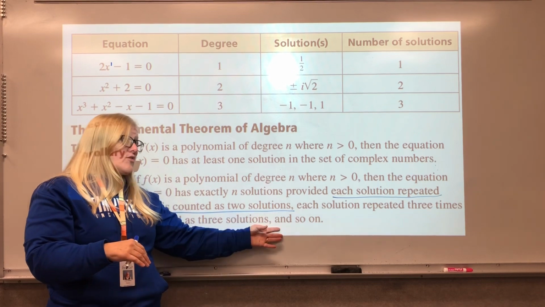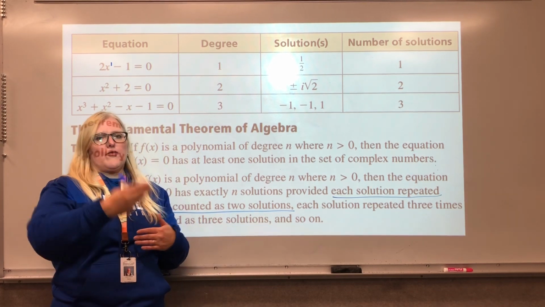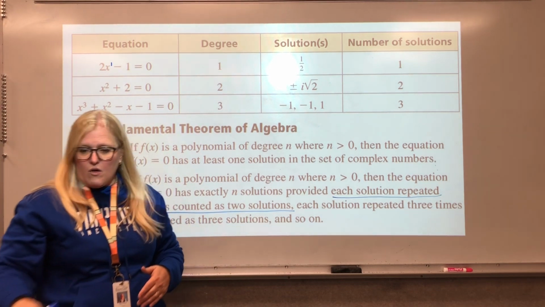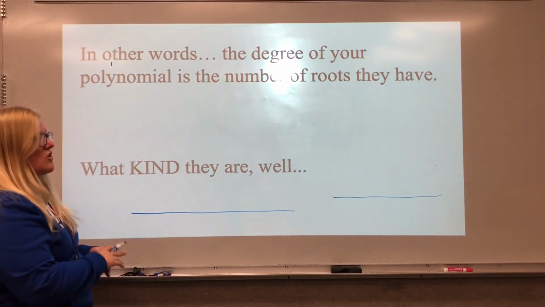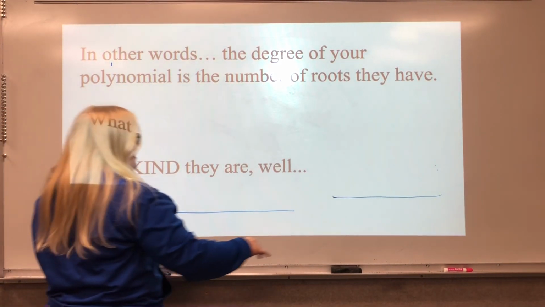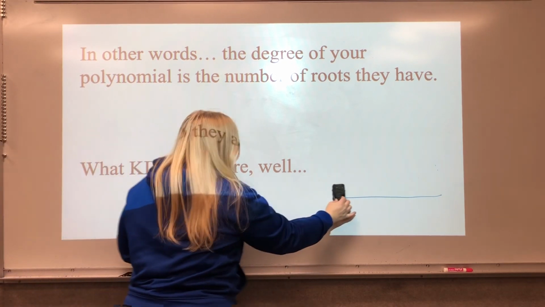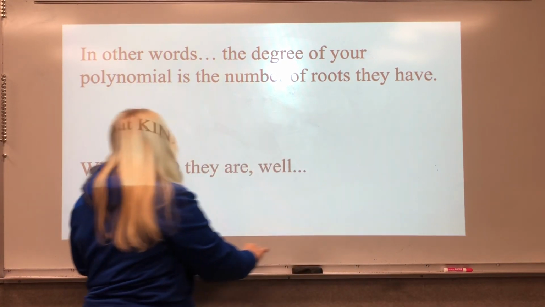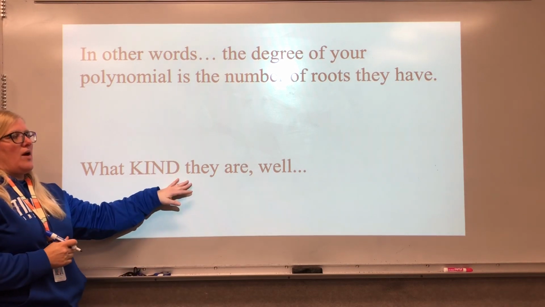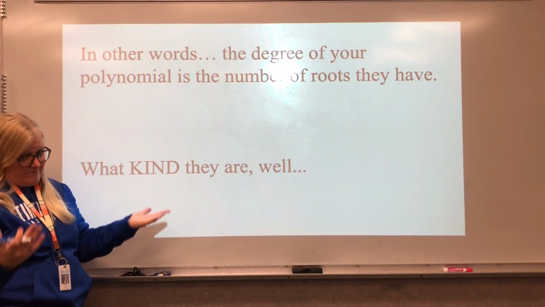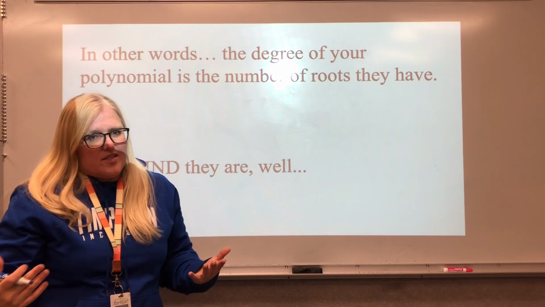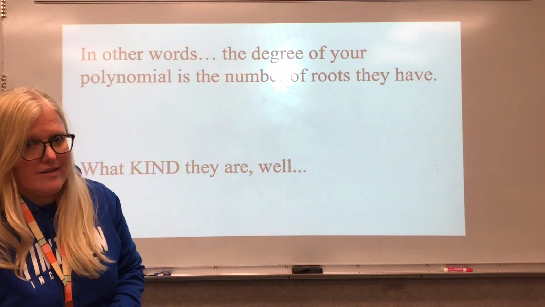All right, and if there are 3 that repeat, all 3 of them count. So in other words, like I said, the degree of your polynomial is the number of roots that you have. Well, the kind of roots you have, well, they're not all going to be the same kind.